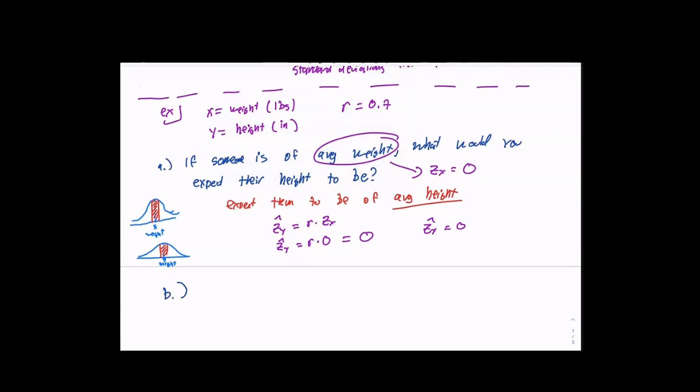B, if someone is 2 standard deviations below the mean in weight, well, actually, let me switch that up.